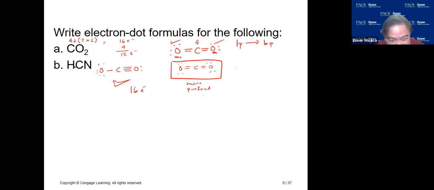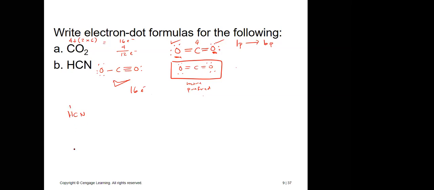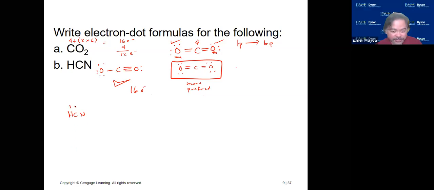Okay, so let's go to the last one, HCN. How do we assign the valence here? Hydrogen, 1. Carbon, 4. Nitrogen, 5. So you have here overall 10.